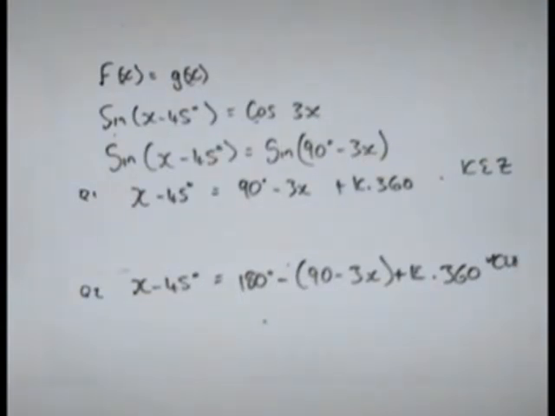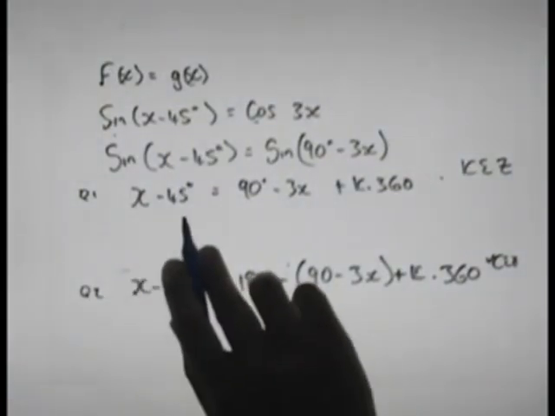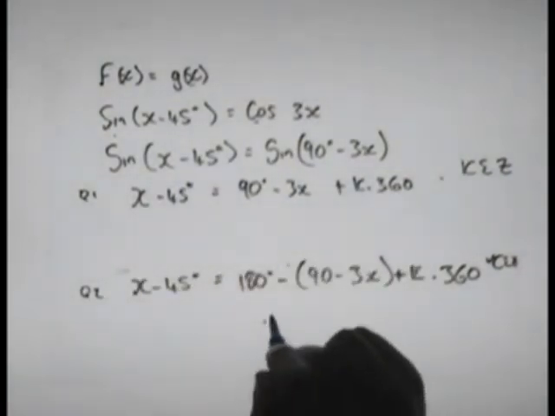The quadrant 1 solution is going to read x minus 45 degrees is equal to 90 minus 3x.